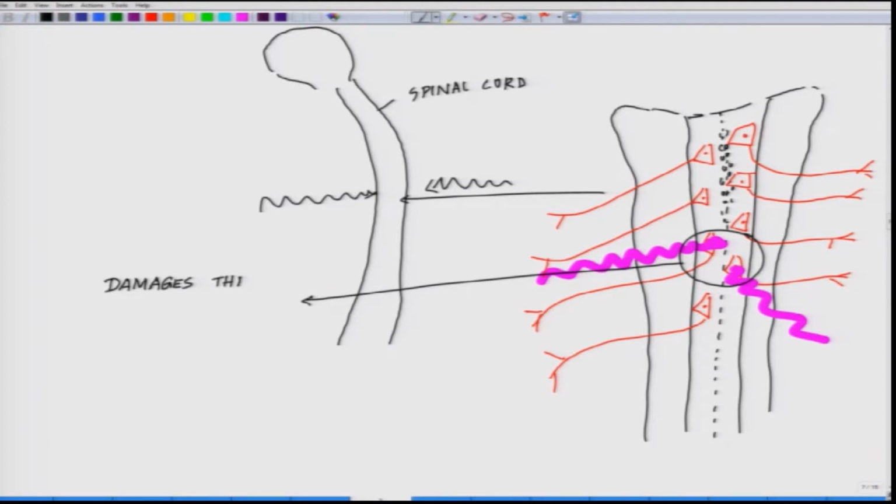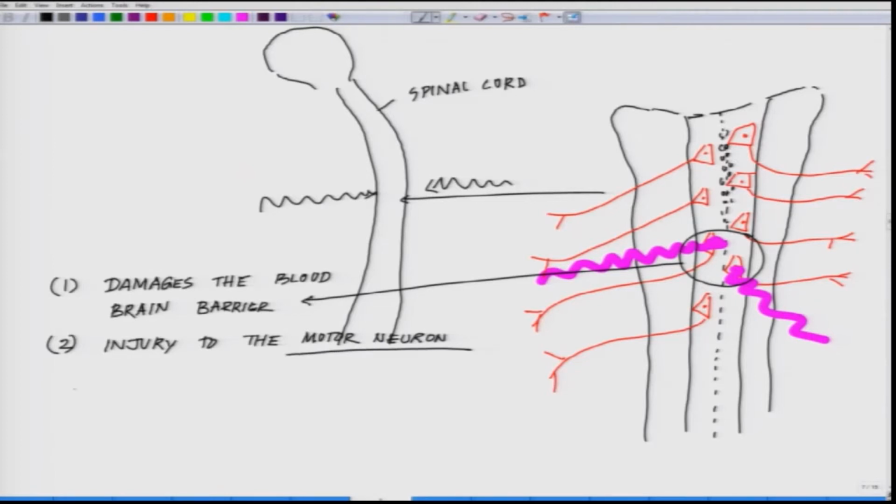Second, this leads to injury to the motor neuron which are sitting at that location.